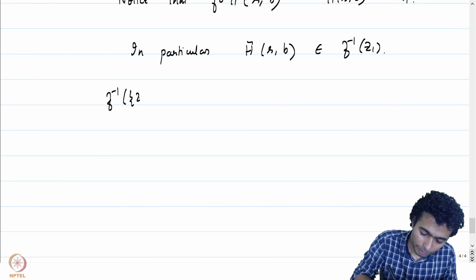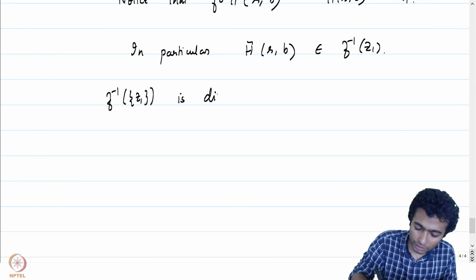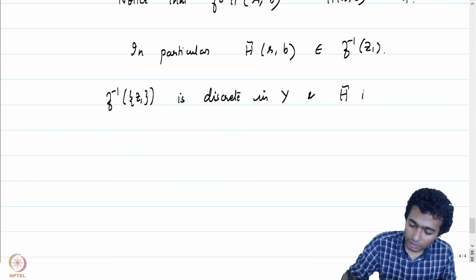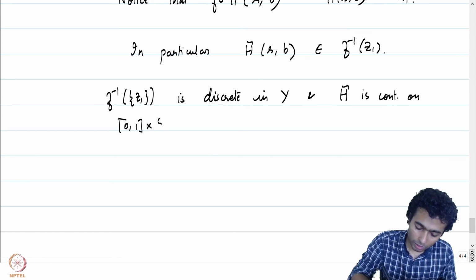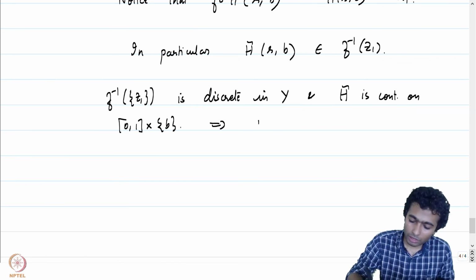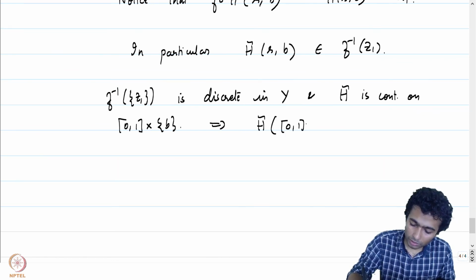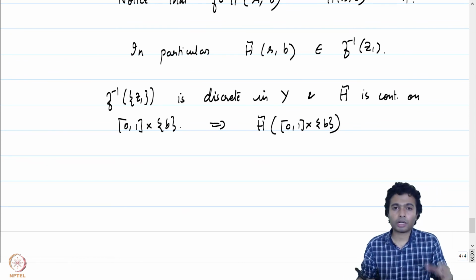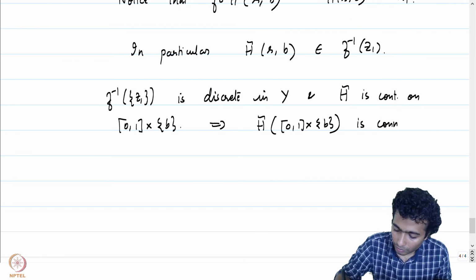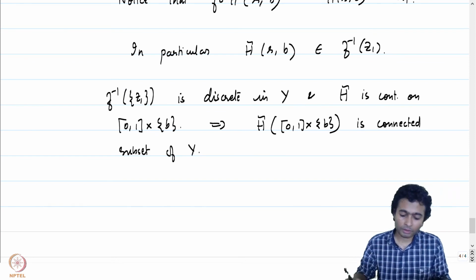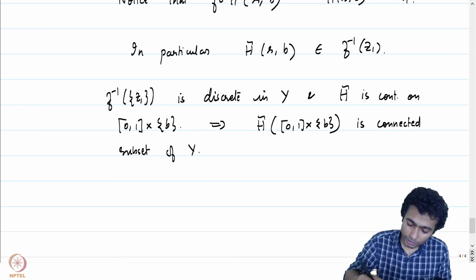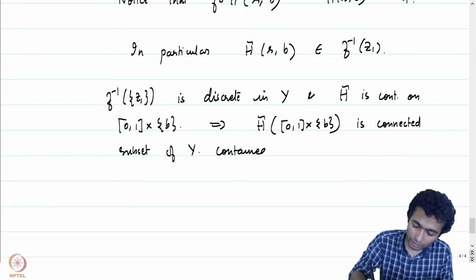F inverse of the point Z1 is discrete in capital Y, and H tilde is continuous on 0, 1 cross B, and therefore H tilde of 0, 1 cross B is going to be a connected subset of capital Y. But it is contained in the discrete set f inverse of Z1.